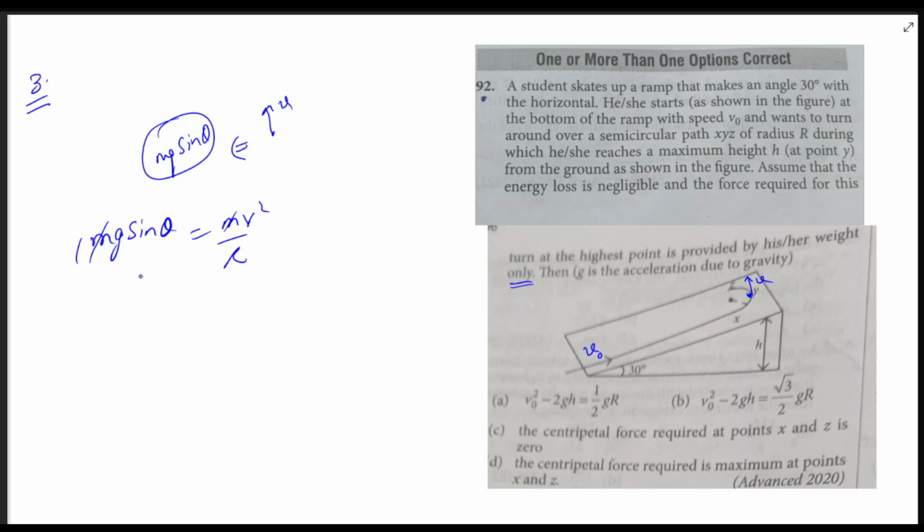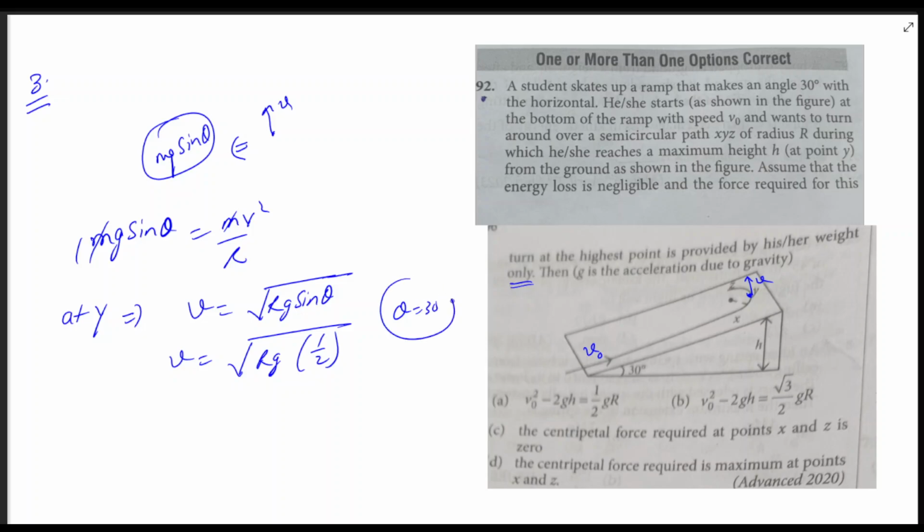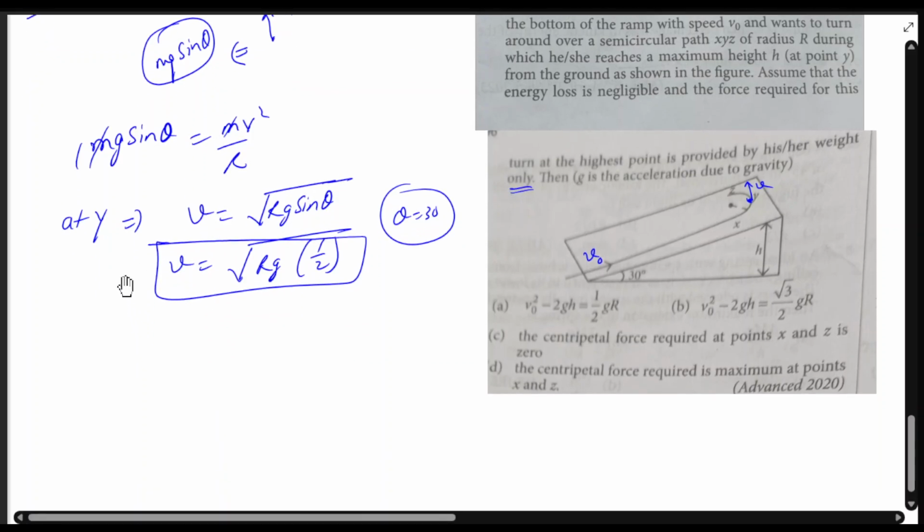So at Y, velocity will be root of Rg sin theta, which is root of Rg by 2, because theta is 30 degrees, right? So this is the velocity at Y.